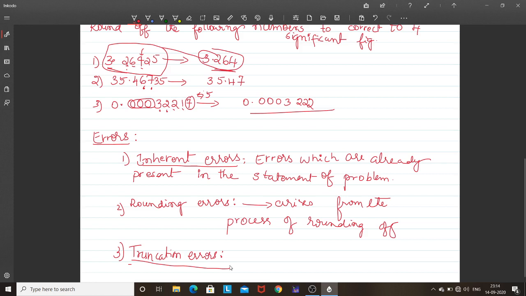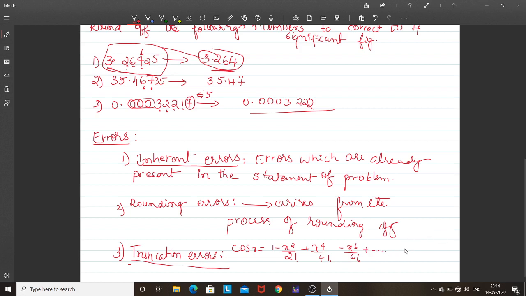Suppose you have an infinite series, let me take cos x. You have seen the Maclaurin series and Taylor series. I can write cos x in terms of Taylor series as 1 minus x squared divided by 2 factorial plus x to the power 4 divided by 4 factorial minus x to the power 6 divided by 6 factorial. This is a Taylor series at 0, or you can say it's a Maclaurin series of cos x.